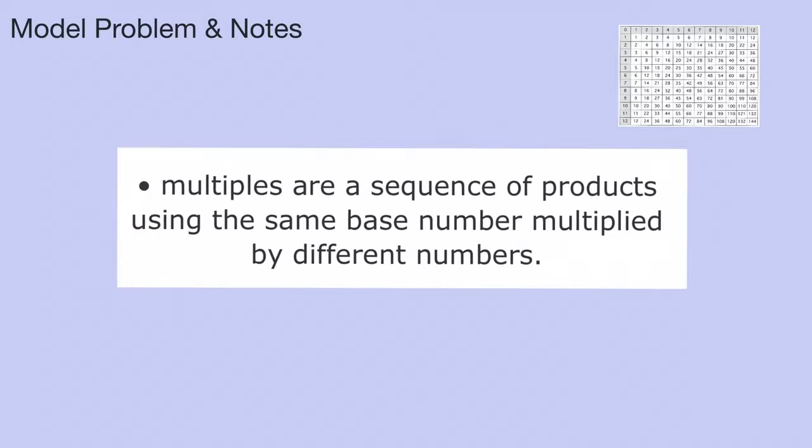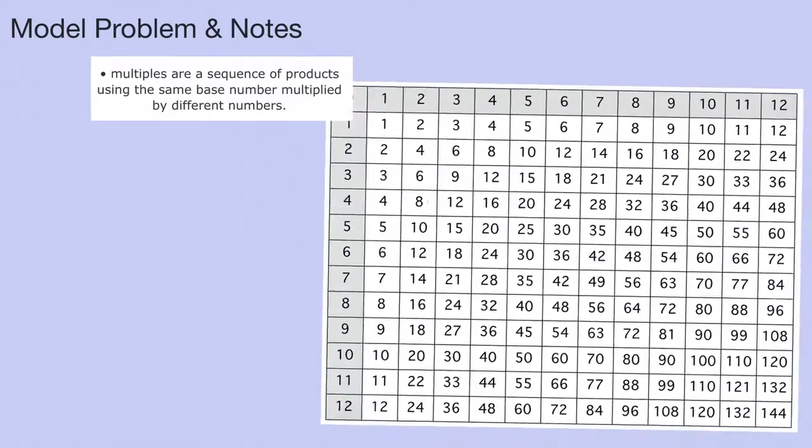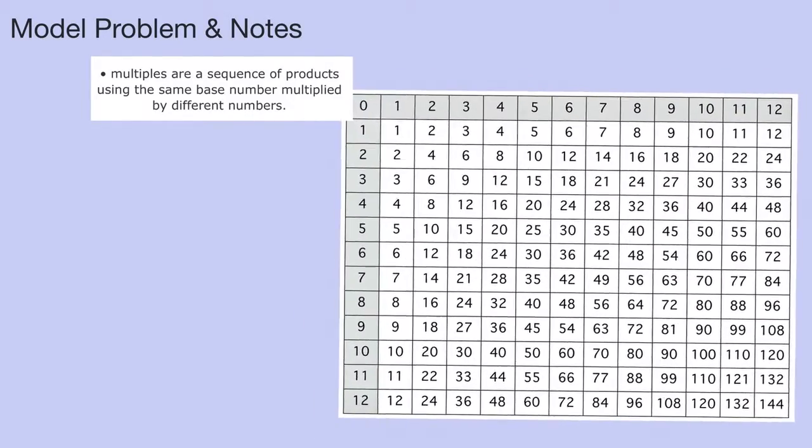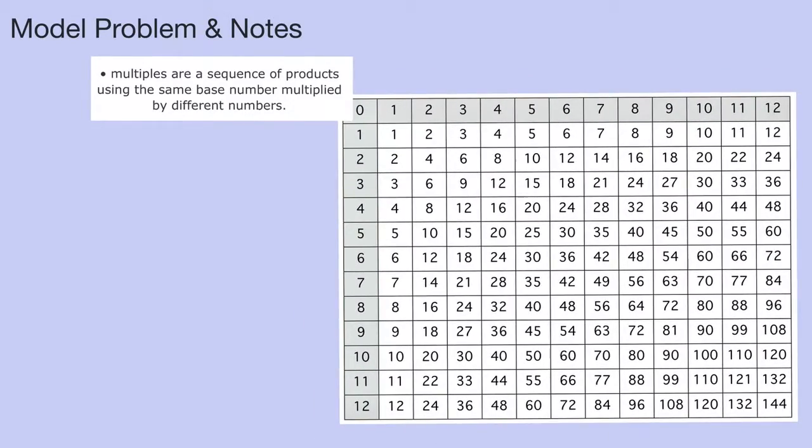So now that you have your organizer ready to go in your hands, I'm just going to review the definition here. Multiples are a sequence of products using the same base number multiplied by different numbers. In order to better explain what I mean by this, I'm going to use a good old-fashioned fact table right here. So let's look at 4.